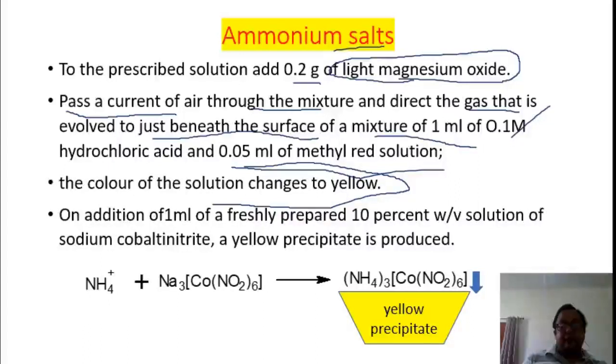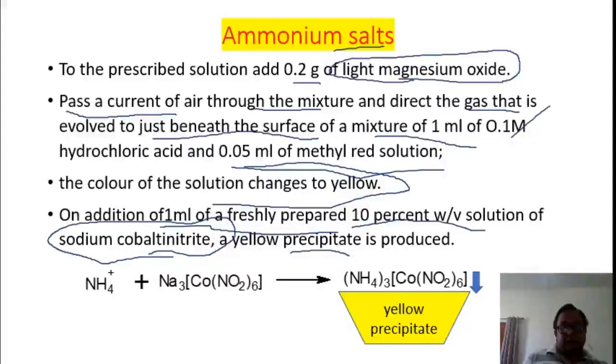If we add 1 ml of freshly prepared sodium cobaltinitrite, remember sodium cobaltinitrite, in how much strength? 10% weight by volume. It produces a yellow precipitate.